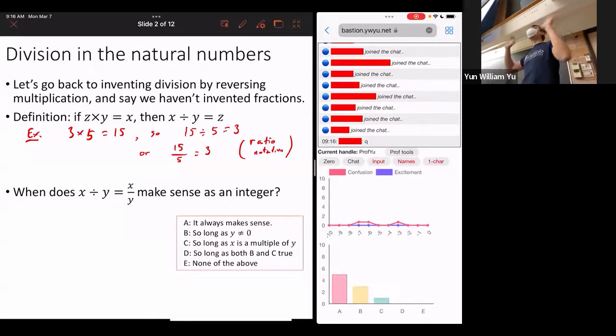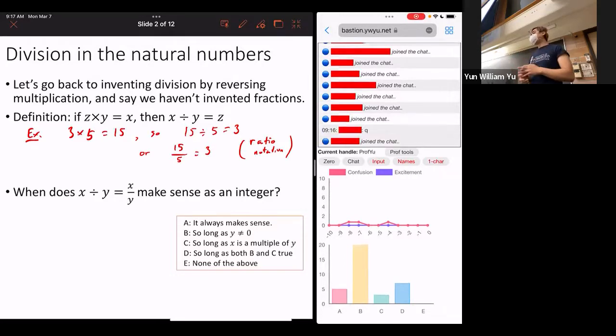And remember, we haven't invented any fractions yet, so you only have whole numbers. One thing you have to be careful about is, can you divide by 0? So does it always make sense, or does it make sense only so long as y is not equal to 0? Or does it only make sense so long as x is a multiple of y, or if both B and C are true?